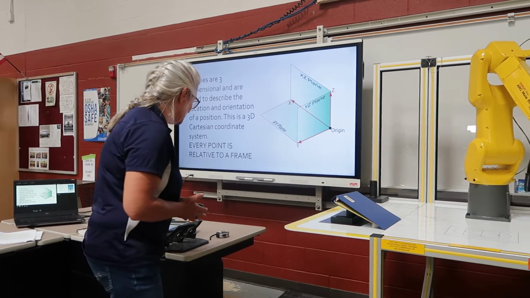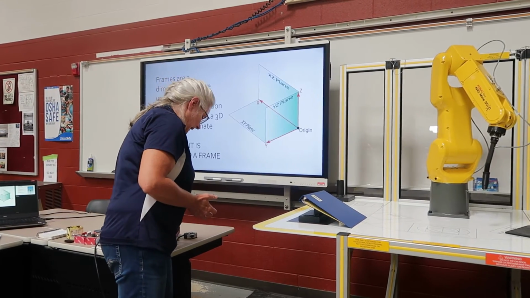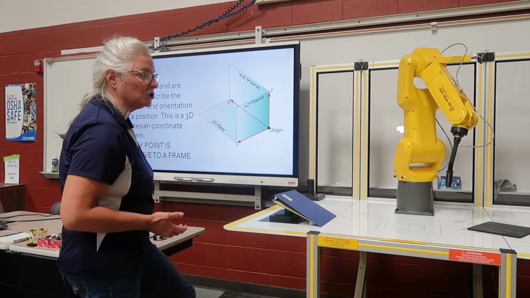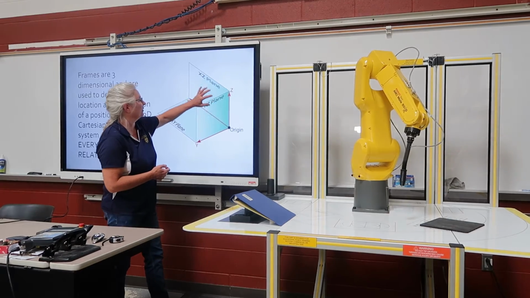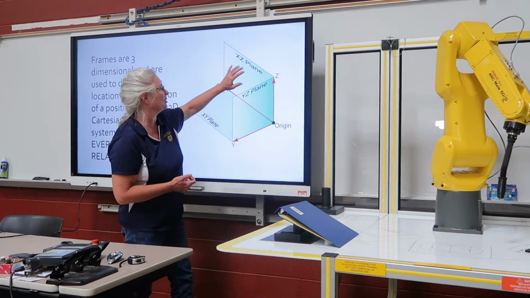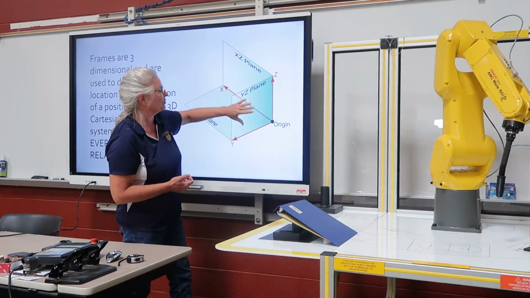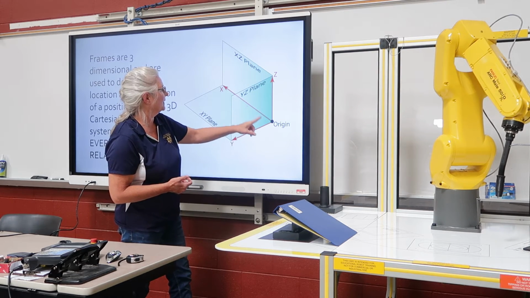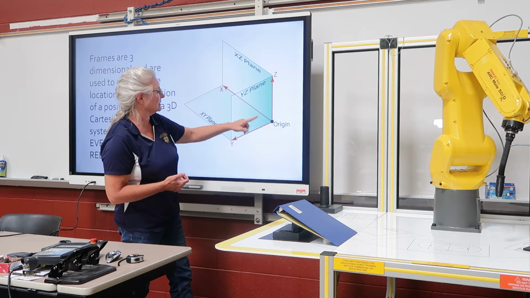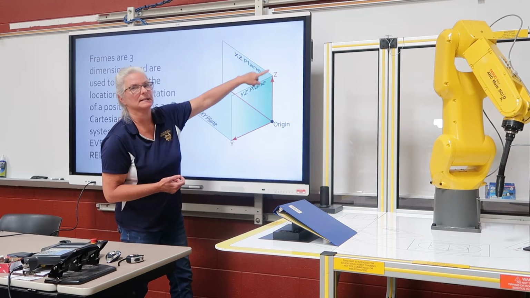Frames are three-dimensional, and they're used to define position of my robots. A frame consists of three planes 90 degrees from each other, and where those three planes intersect is called the origin. I have an x-axis, a y-axis, and a z-axis.